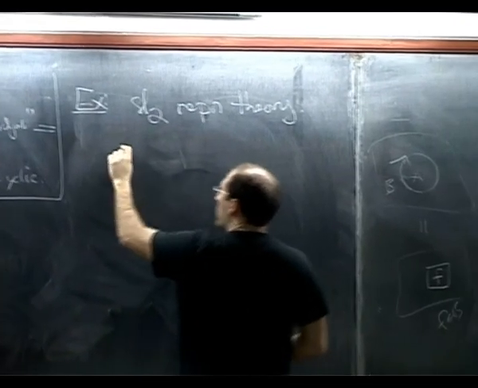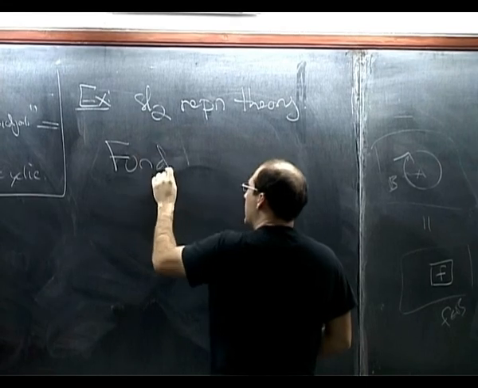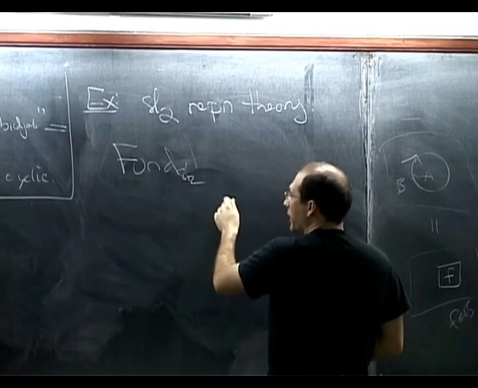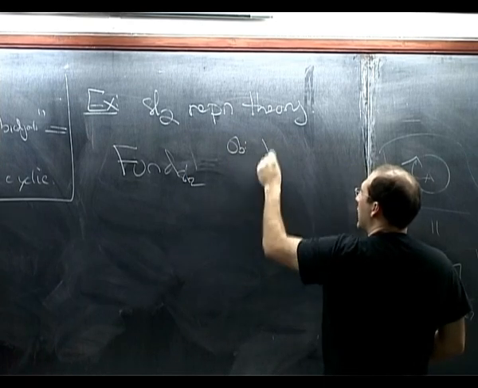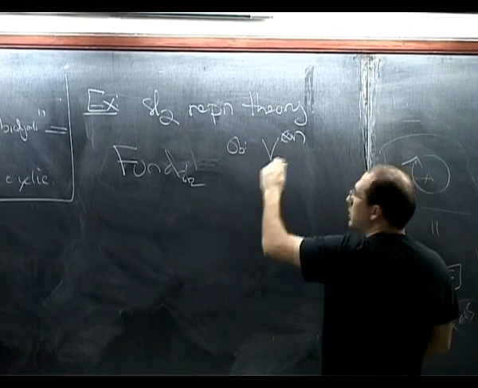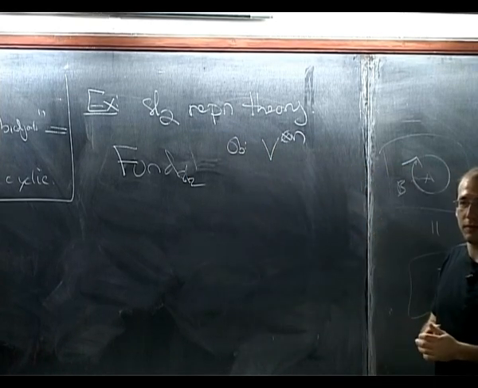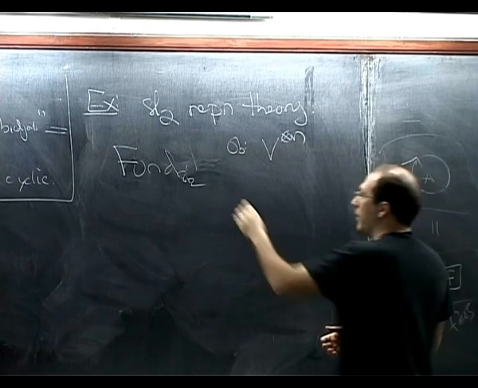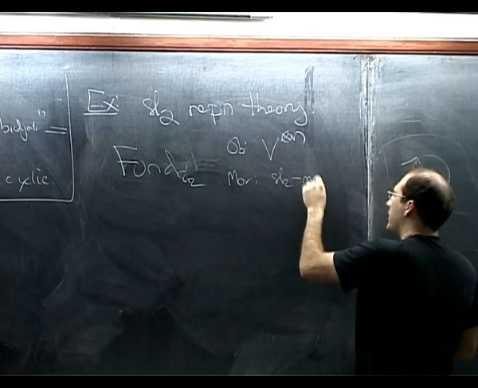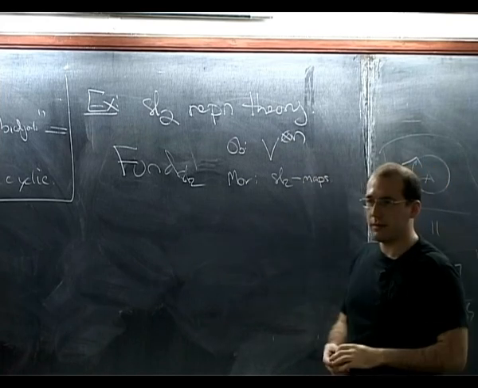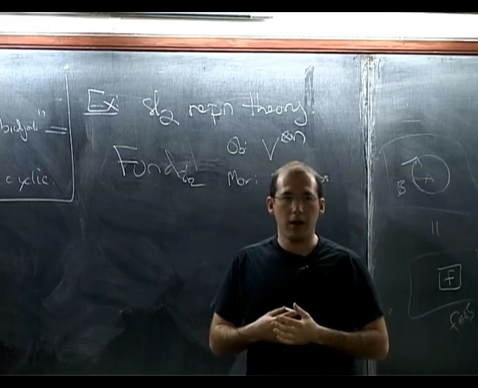Well, the monoidal category we're going to be looking at is Fund, SL2, or just Fund, where the objects are tensor products of the standard two-dimensional representation. And the morphisms are SL2 maps. Okay?